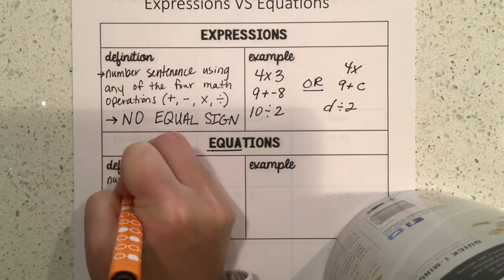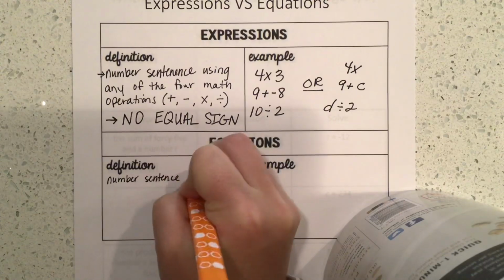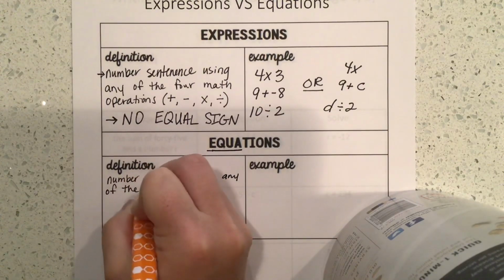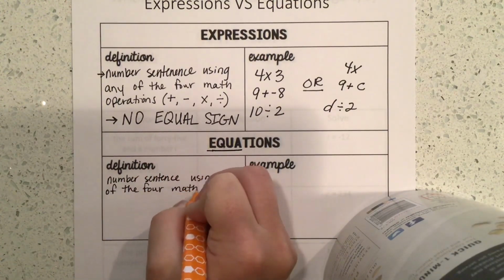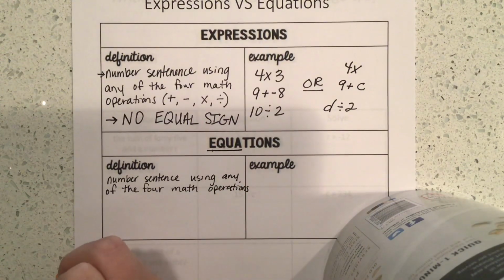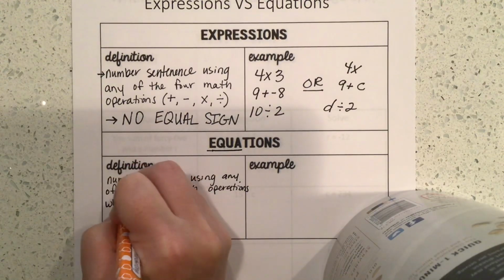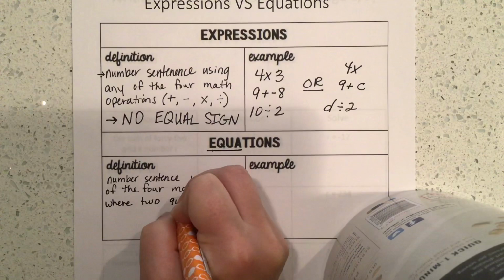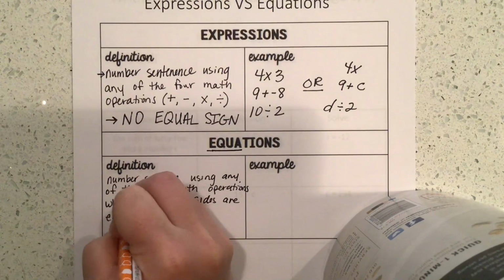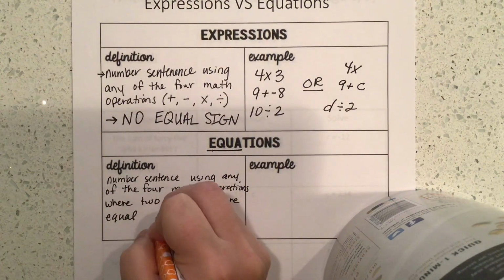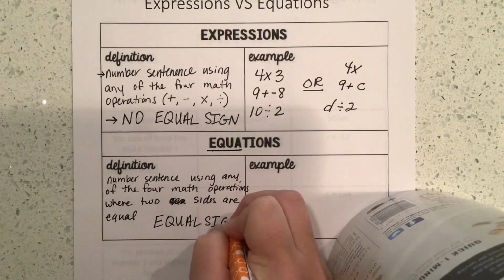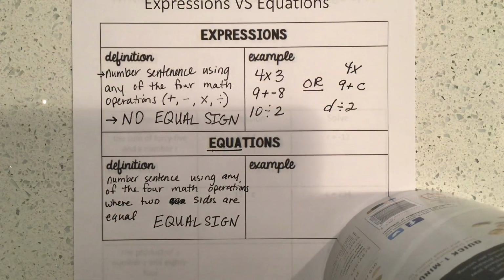It's a number sentence using any of the four math operations where the two sides are equal. So this does have an equal sign. And again, this is the biggest difference, and this should be the easiest way to tell the difference between an equation and an expression.